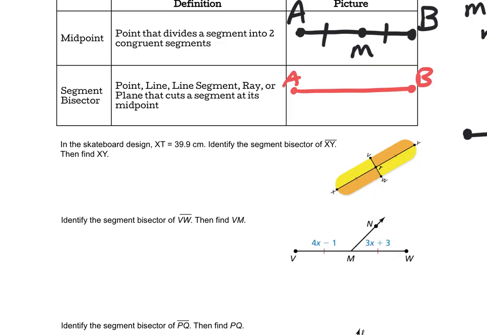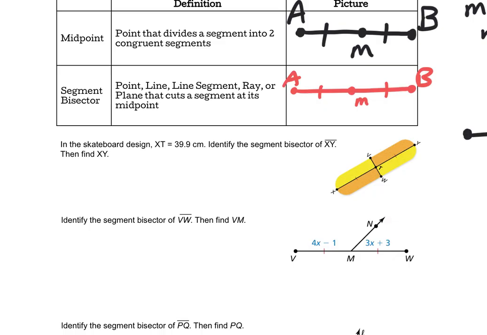And there's lots of different things that could do that. We could put a point right here. And once again, in order for this to be true, we would need to know that it goes through the middle, or it's at the middle. In this case, since it's a point, both AM and BM are congruent. So it could be a point.